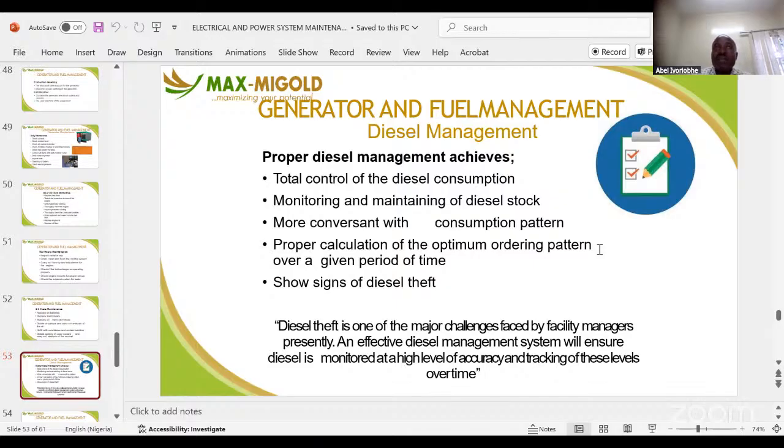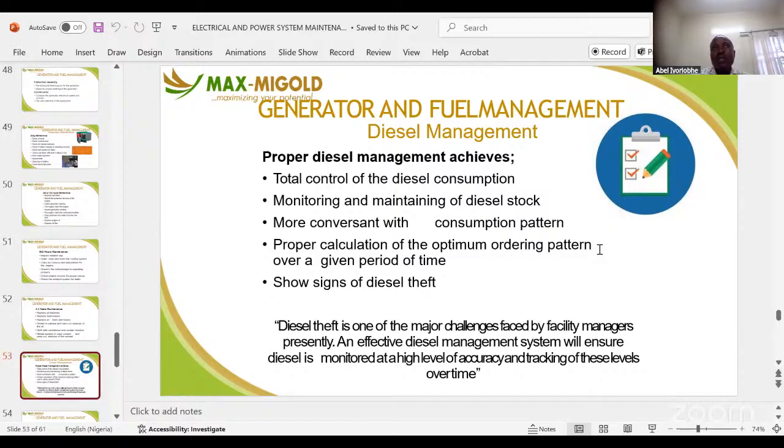If I have like 1,000 liters or 5,000 liters in my facility, worst case scenario on the power distribution side, let's say 70% supply of EKEDC or wherever you are listening from, you get to know when your diesel will be exhausted in your facility.